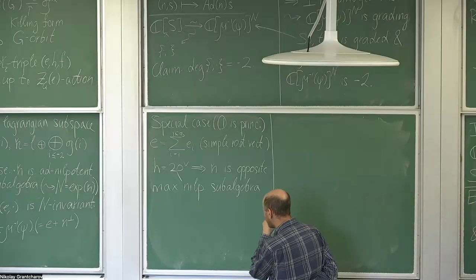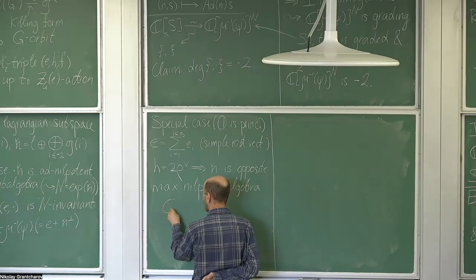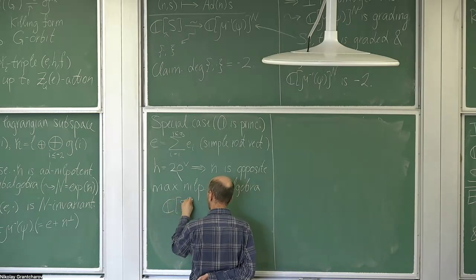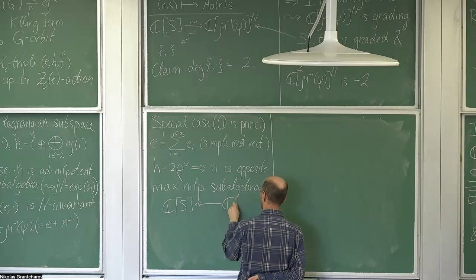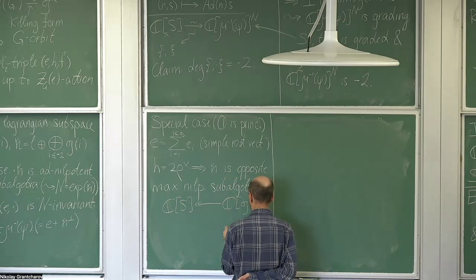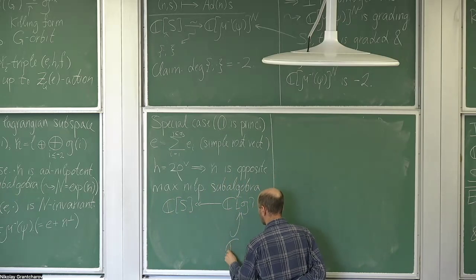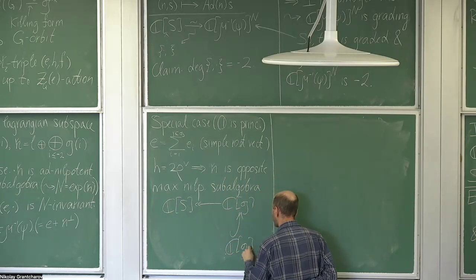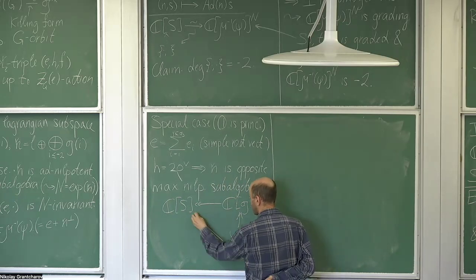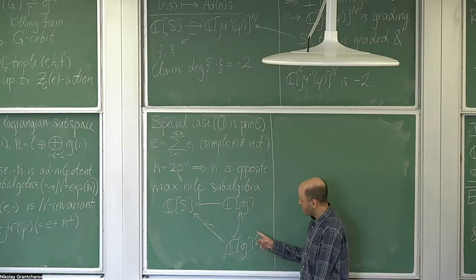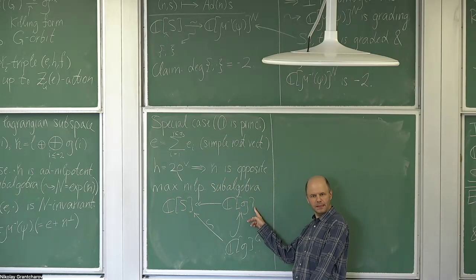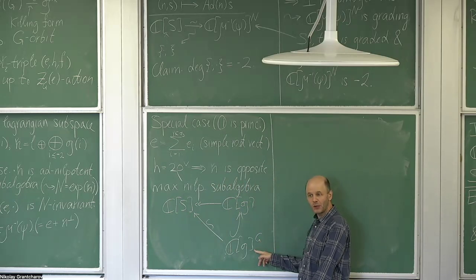Okay, so I already raised this, but we had an isomorphism between C of S and the algebra of invariants. So this is a Poisson algebra. This is the Poisson subalgebra, but with 0 bracket.